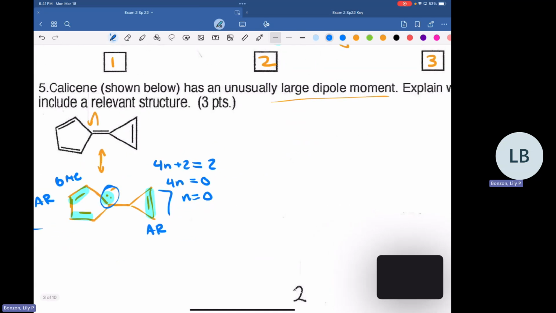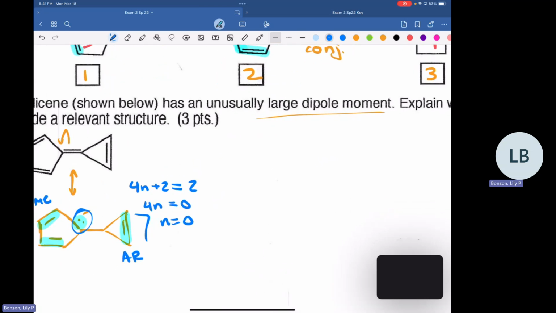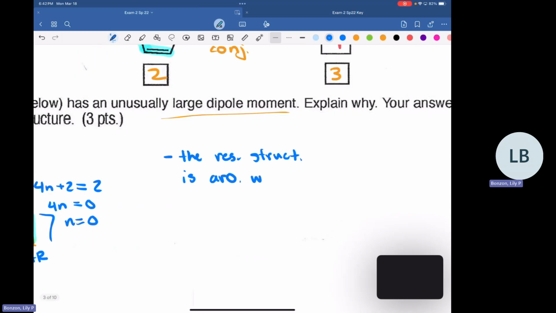So for this one, we drew our structure, and then for our reason, this is going to have an unusually large dipole moment because the resonance structure is aromatic, which is very stable.